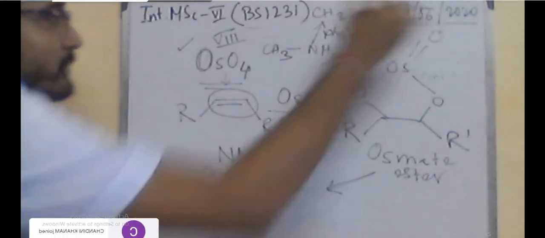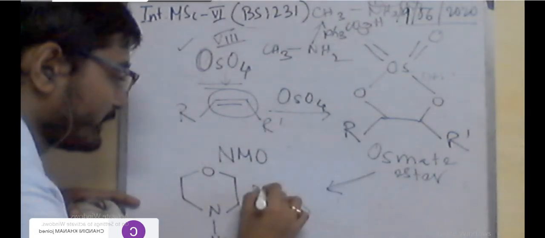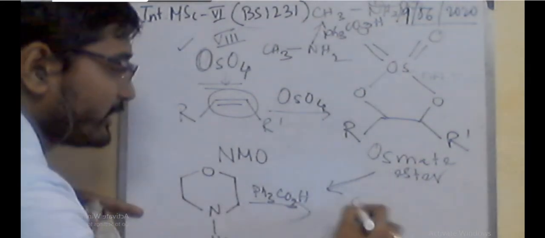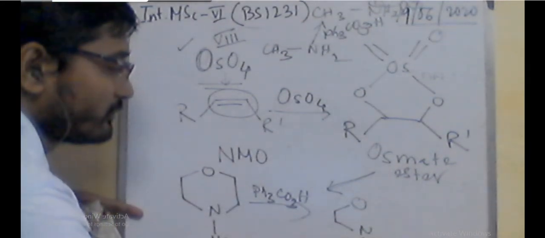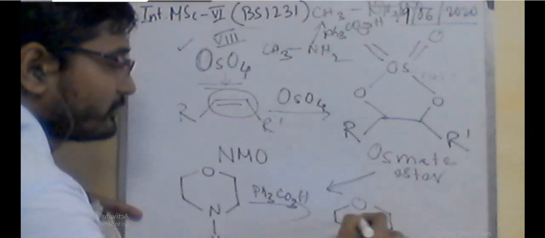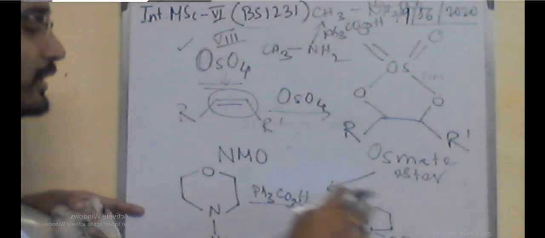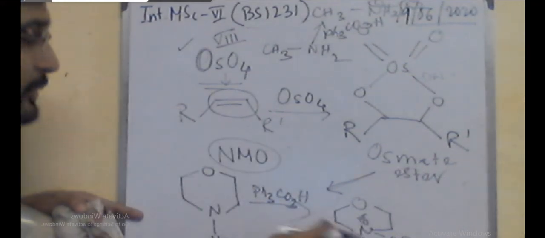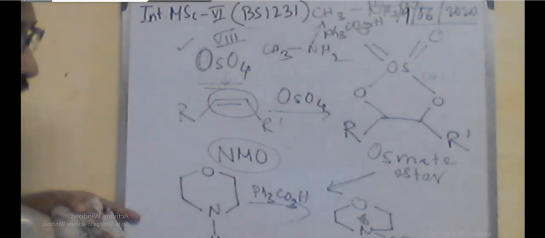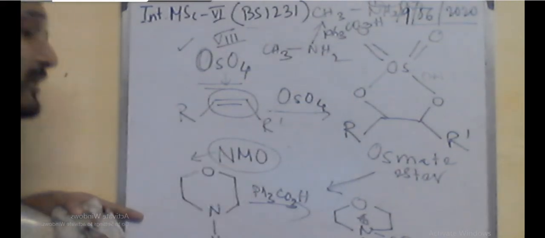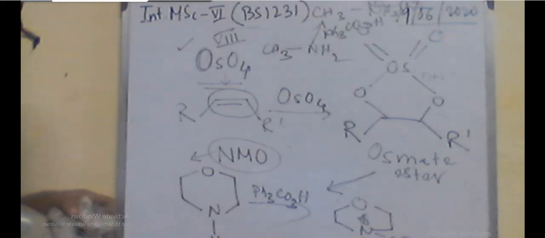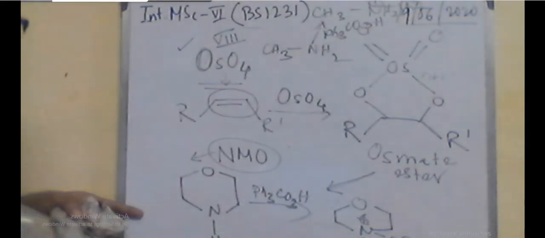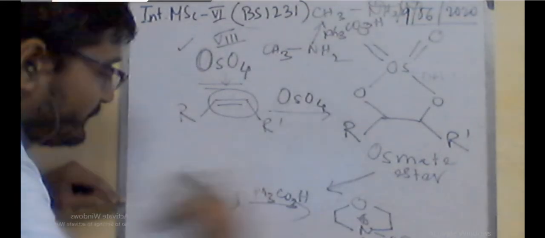So what is the role of this NMO? It acts as a co-oxidant. So in the next step this bond will be cleaved and it can generate the diol residue, the cis diol or the syn diol residue. You need not know the mechanism, but the role of NMO is that it acts as a co-oxidant so that this bond will be broken and it can generate the cis diol.